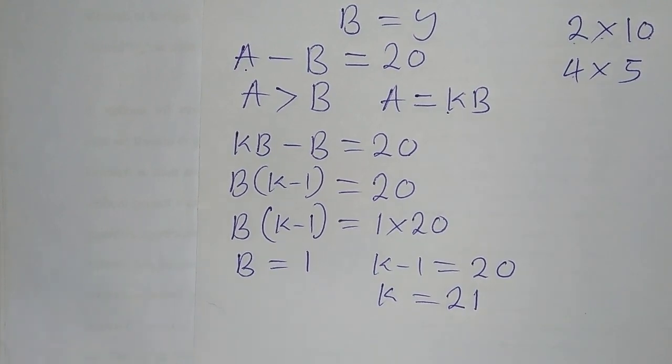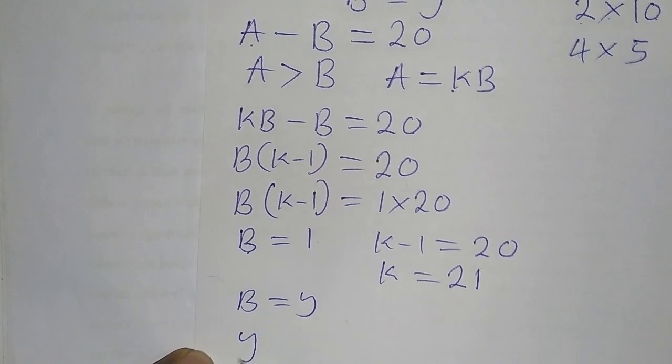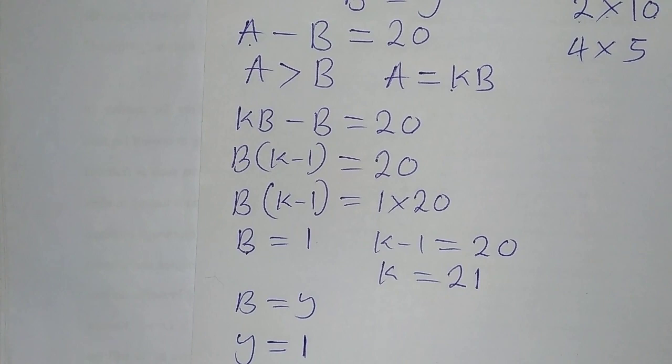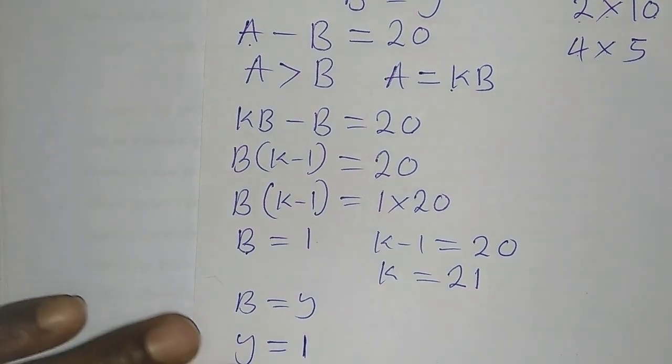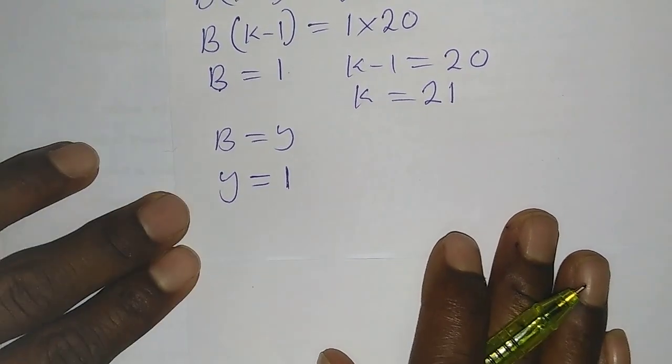Now, at the initial stage, we let b be equal to y, but b is equal to 1. This implies that y is equal to 1. Now, for us to get the value of x, we refer back to our a.